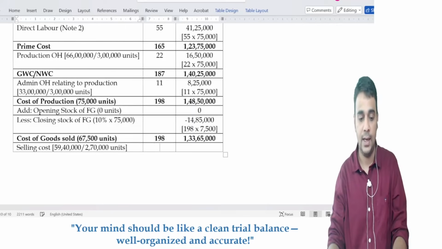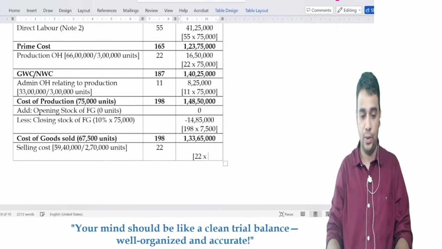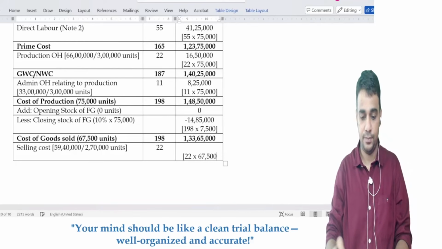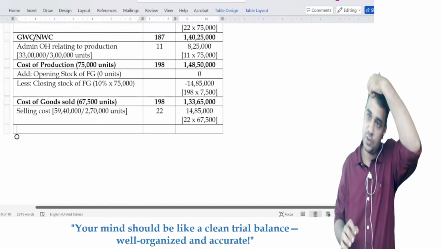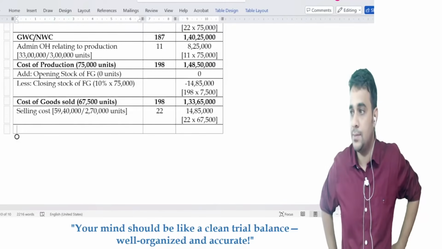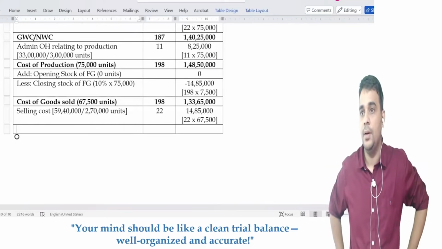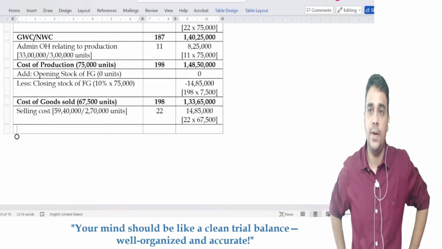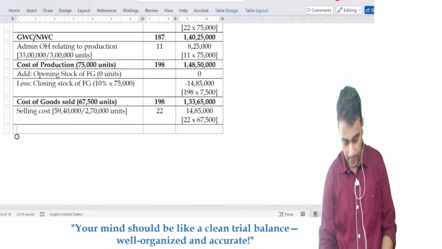That gives 22, and this is 22 into 67,500 units.